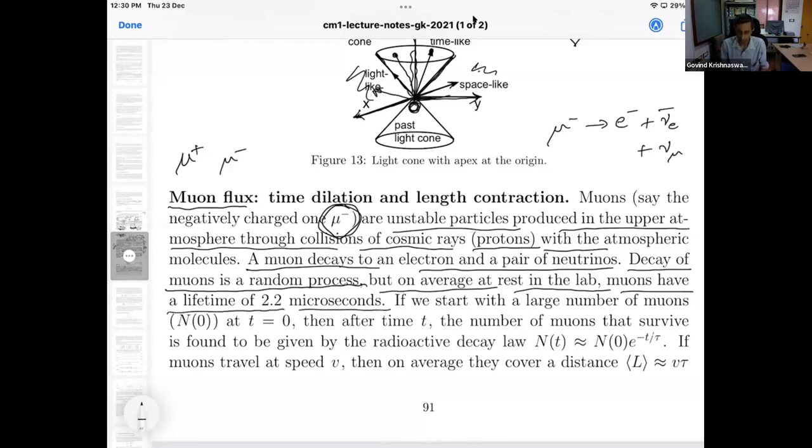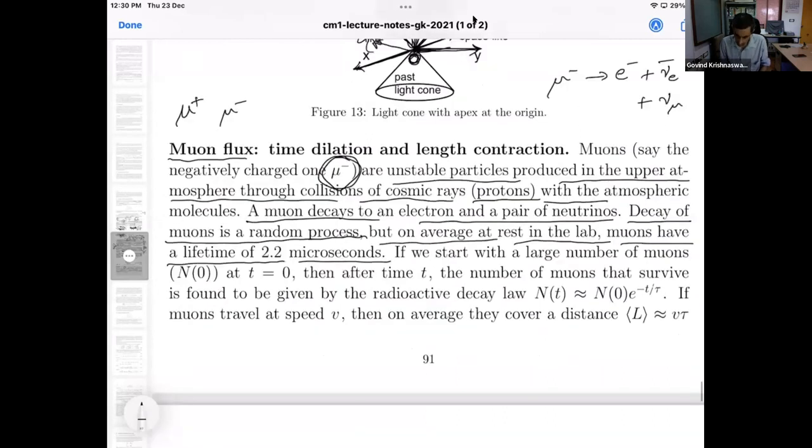I'm not devoting too much to this radioactive law, but what that means is that if we start with a large number of muons, N of 0 at time 0, then after a time t, the number of muons that survive is given by the radioactive decay law: N of t is approximately equal to the number that was initially present times the exponential damping factor e to the minus t upon tau.